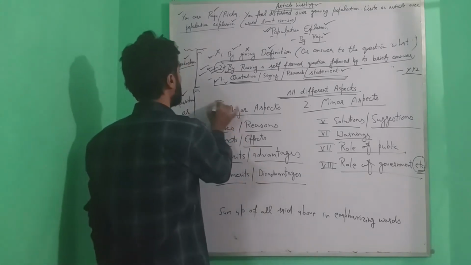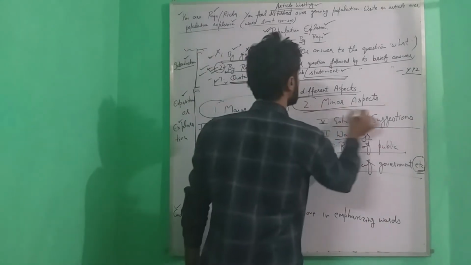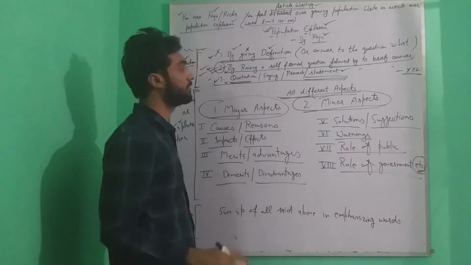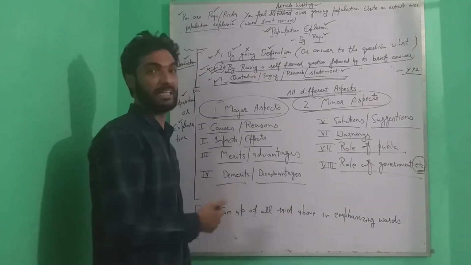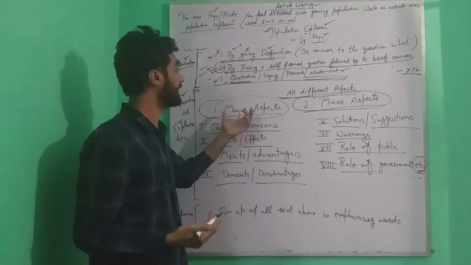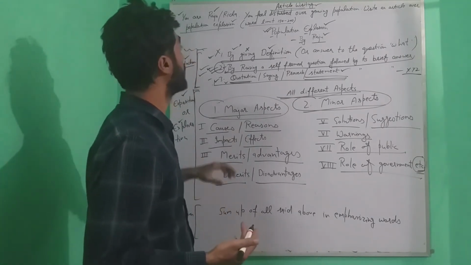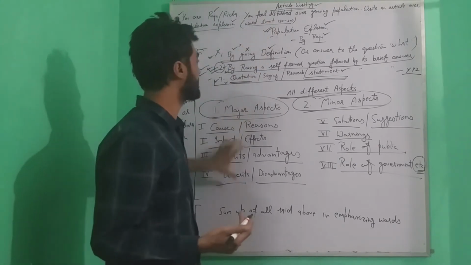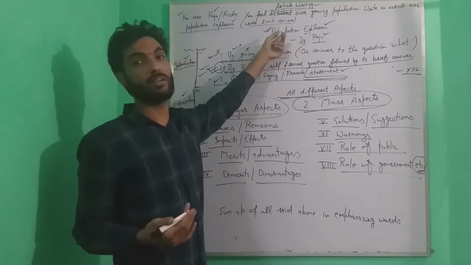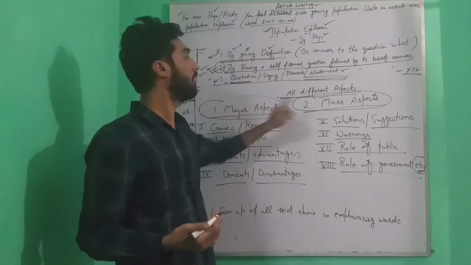So why have we divided these aspects into two parts? I said to make comprehension of this skill easy, we have divided it. It has great use because whatever topic we get, the aspects related to a particular subject will be major or minor.